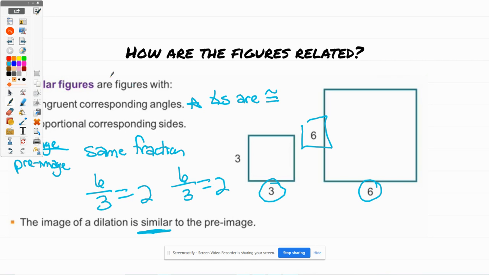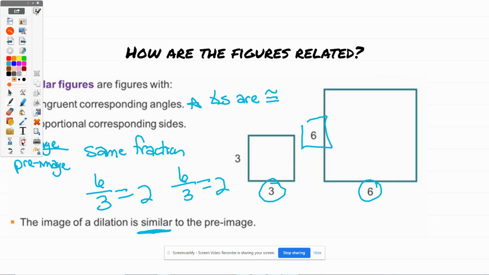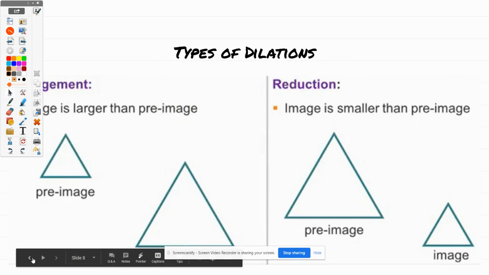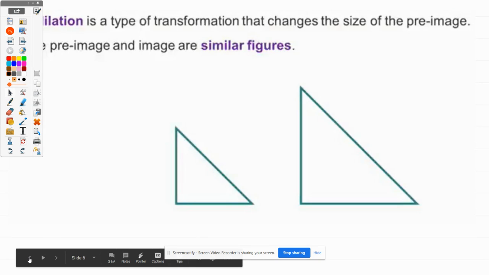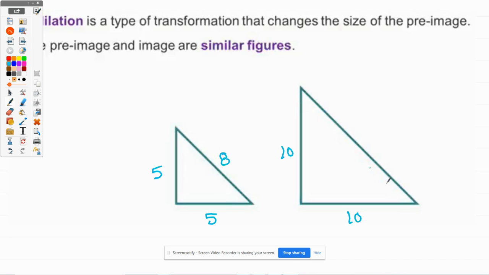Now, this was an example of a square, and obviously all the square sides are equal and all the angles are equal. But let's go back to this triangle we were looking at. Let's say this was 5 and this was 10. Then this would have to be 5 and this would have to be 10. But if this was, let's say, 8, what would this have to be?